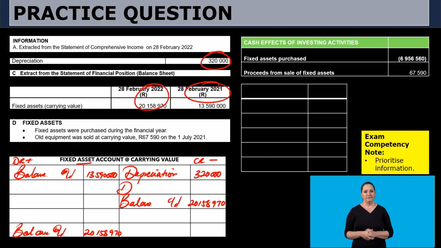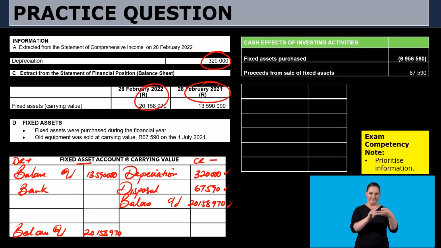And then lastly, I'm going to record my disposal. So I'll say disposal at carrying value was 67,590. So it's going to give me my bank here. So you're going to add this plus that, and then it's going to give you 20,546,560.